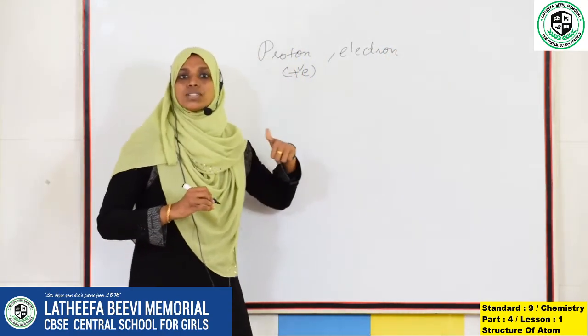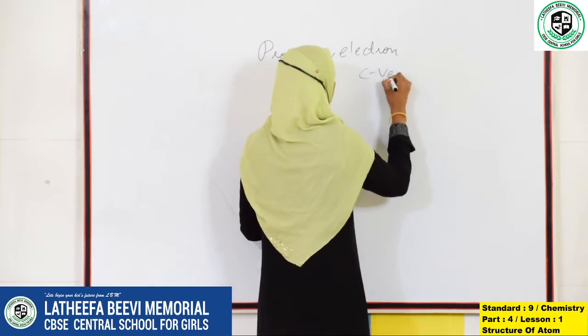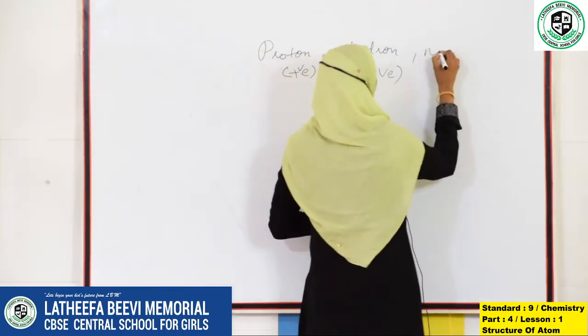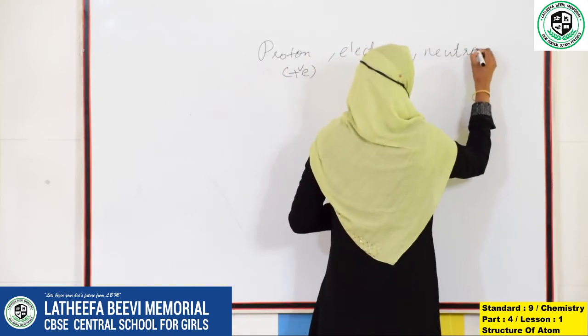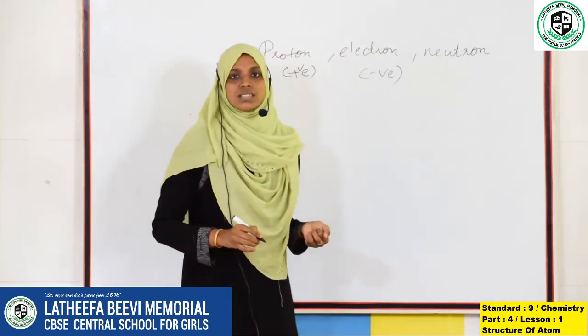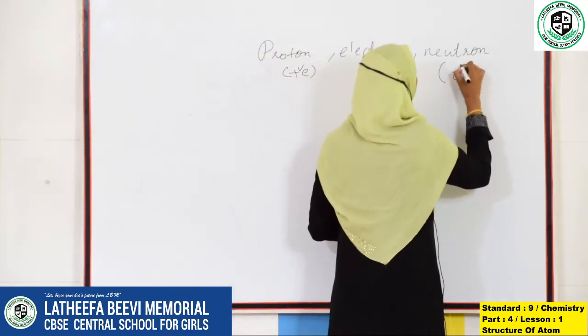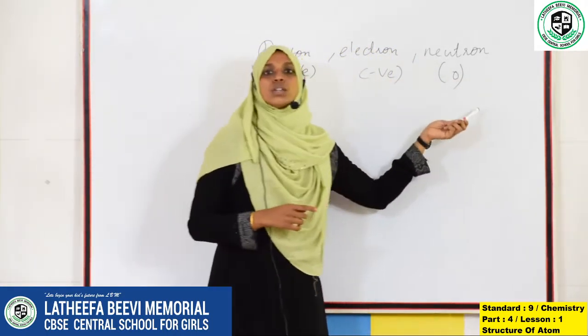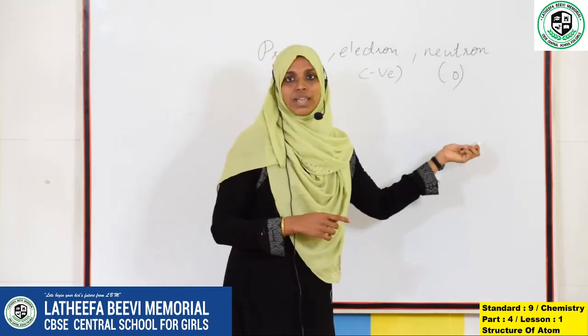The electron possesses a negative charge. And there is the neutron also. The neutron has no charge. The name suggests the neutron is neutral, so the charge is 0.